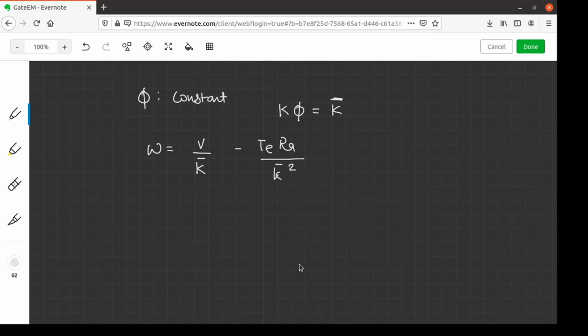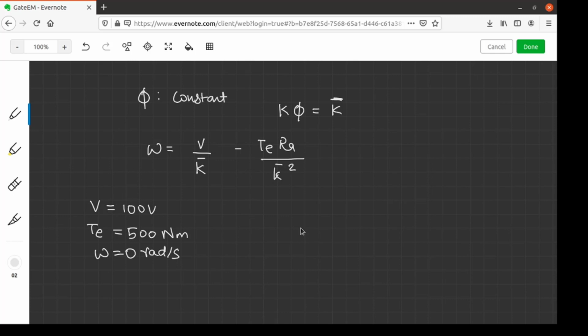Now let us consider both the cases. The first case is the terminal voltage is at 100 volts. The electromagnetic torque produced is 500 Newton meters at zero speed. So now you can substitute these values in this equation to get the value of K bar.